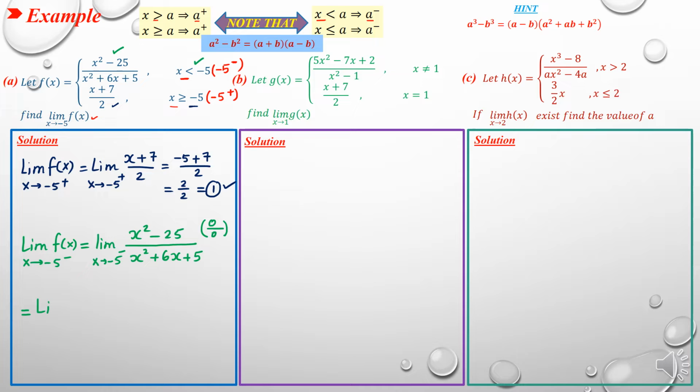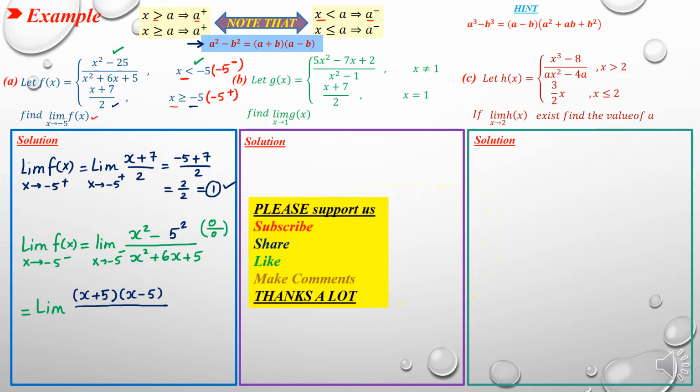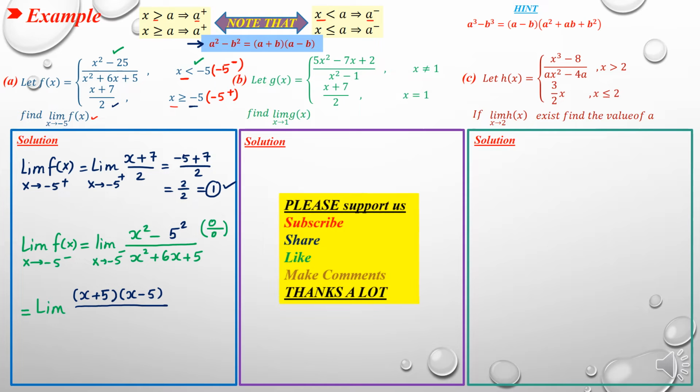So our limit is the limit. Now x squared minus 25 is a difference between two squares, and you have to write 25 as 5 squared, and use the formula of the difference between two squares: a squared minus b squared equals a plus b times a minus b. So we have x plus 5 times x minus 5, divided by, now x squared plus 6x plus 5 is a quadratic expression.